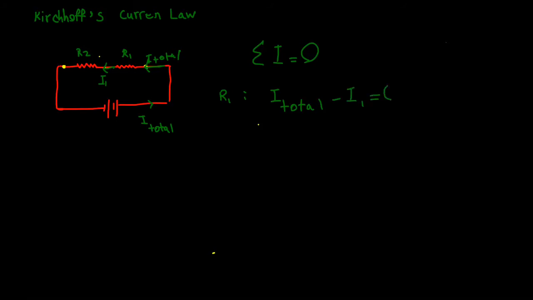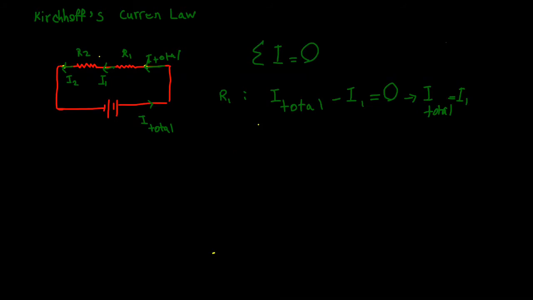I total minus I1 should be equal 0. As a result, I can say I total is equal I1. And then we continue this I1 going through R2, and I want to name this one I2.